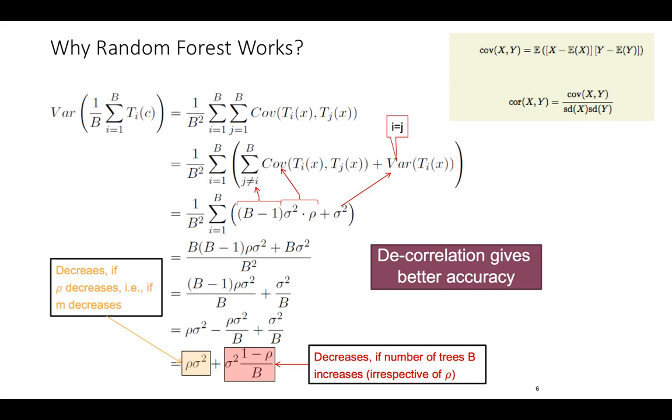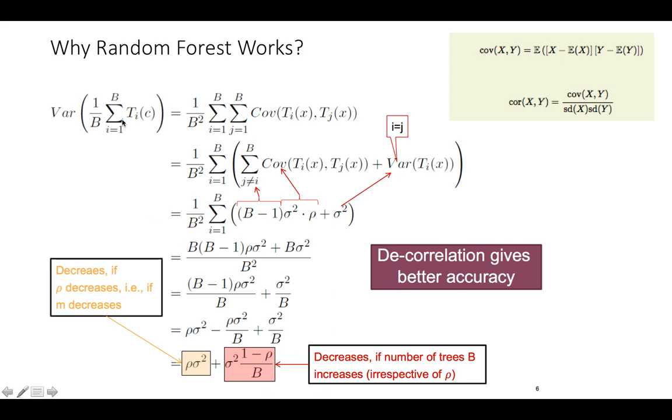Okay, why it works. It is because the variance of the average over the B trees can be written in terms of covariance, and it can be split into two components. One component is the correlation component, and the other component depends on the number of trees that you are constructing. So if you have decorrelated trees, that will give you better accuracy.